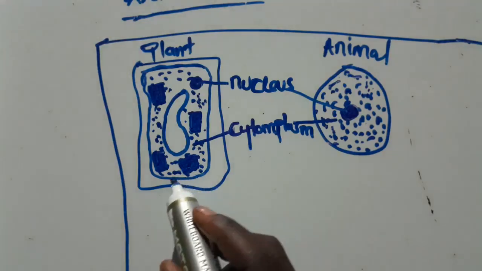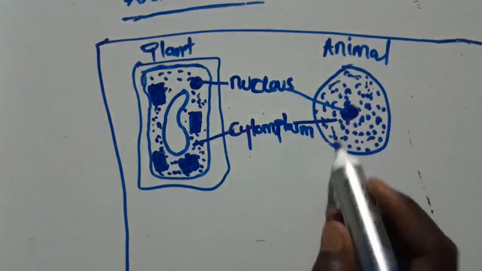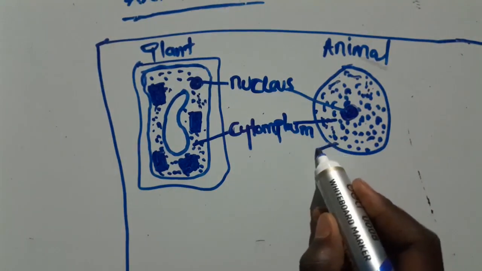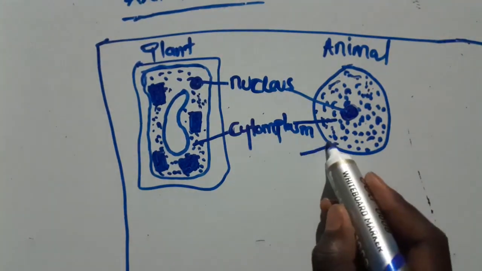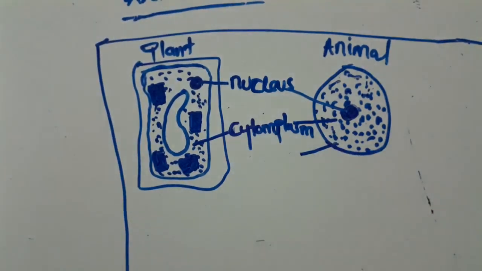So again, if you look carefully, we are able to see a nucleus. There is also the outside part of an animal cell. This part is called a cell membrane. Some books will say it is a plasma membrane, but it's just one and the same.